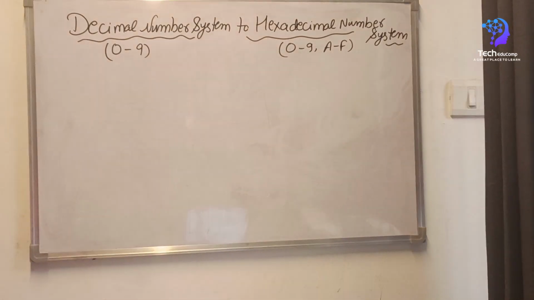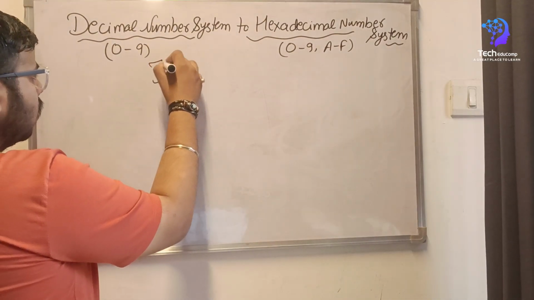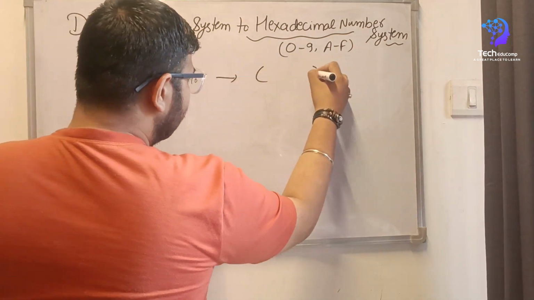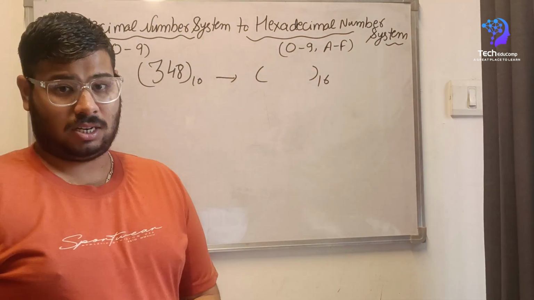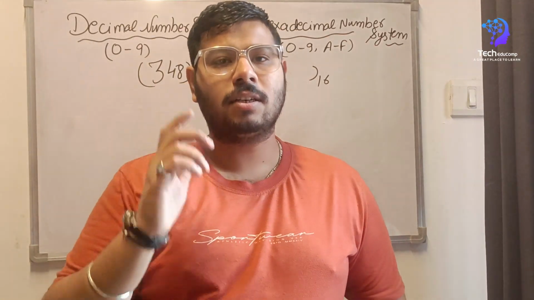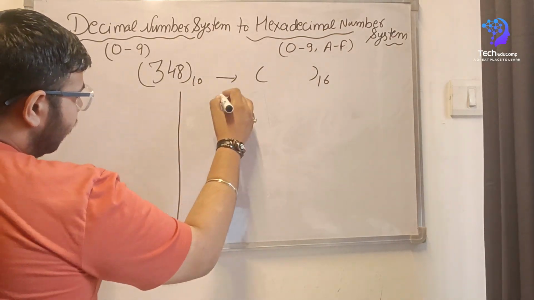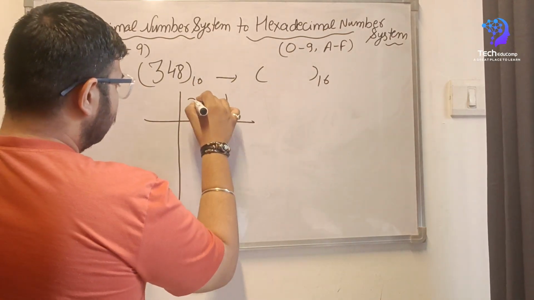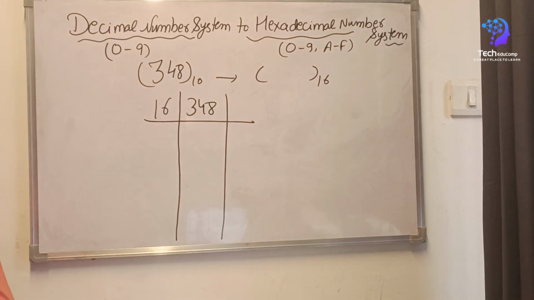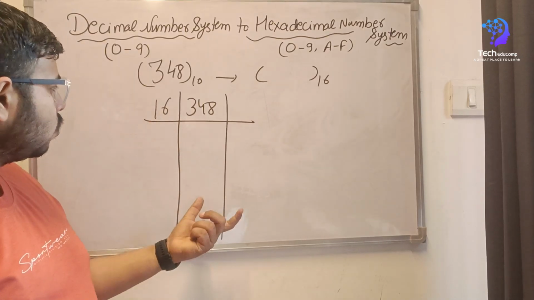So how can we convert it? Let's take a value. We have 348 in base 10. We have to convert it to hexadecimal with base 16. Unlike the other two, same method, repeated division. So I divide this whole number 348 by 16.